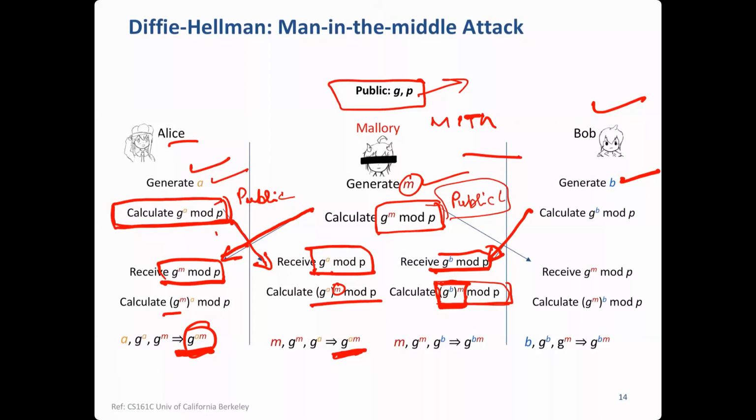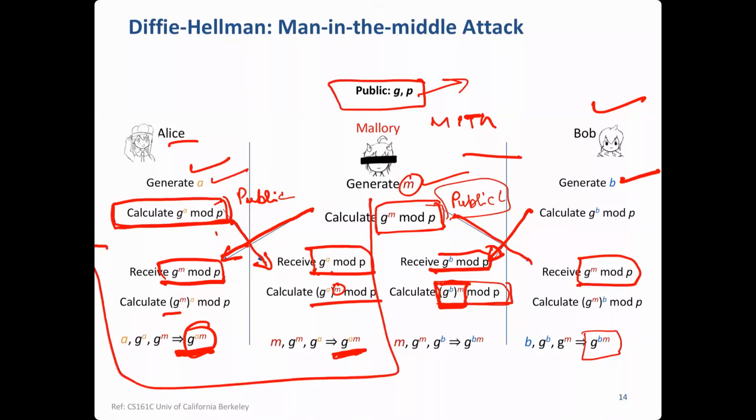Similarly, Bob receives the public key of Mallory, G raised to the power M mod P, and calculates G raised to the power BM. Note that between Mallory and Alice, both can communicate with G raised to the power AM because both have this shared secret key, and between Mallory and Bob there is this key, G raised to the power BM.